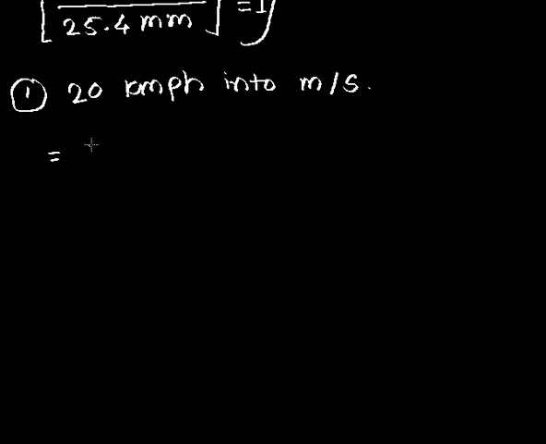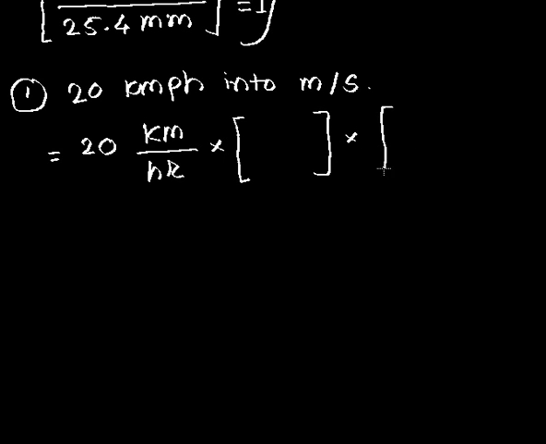This is 20 kilometers per hour. To convert kilometers into meter, we will need one unity bracket. Similarly, to convert hour into seconds, we will need another unity bracket.